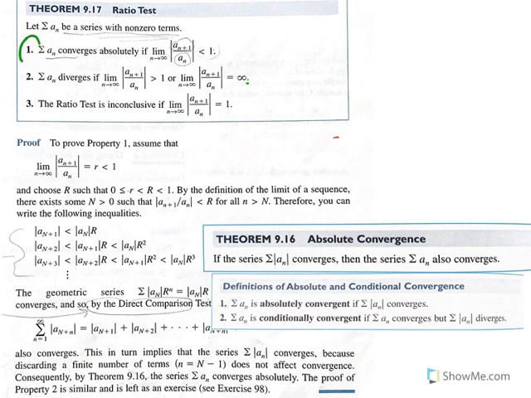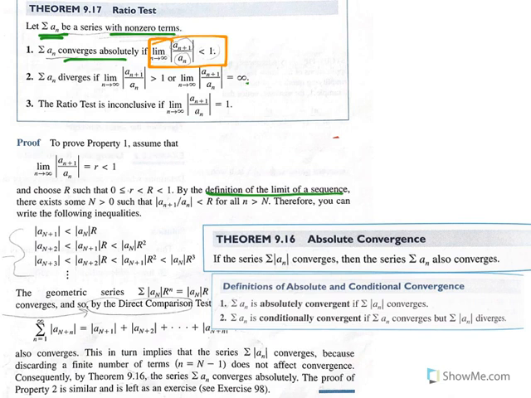And again, the structure of the proof is what we've already gone over, but I'd like to conclude by going over the structure of the proof. We assume this condition, and from there we reason logically until we're able to conclude that this series under consideration, which has non-zero terms, must converge absolutely. We used the definition of the limit of a sequence. We used what it means for a geometric series to converge.